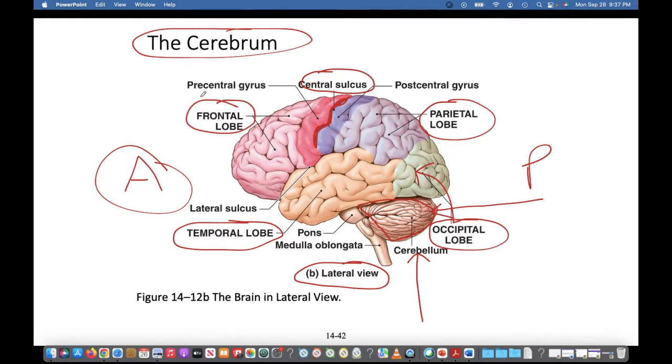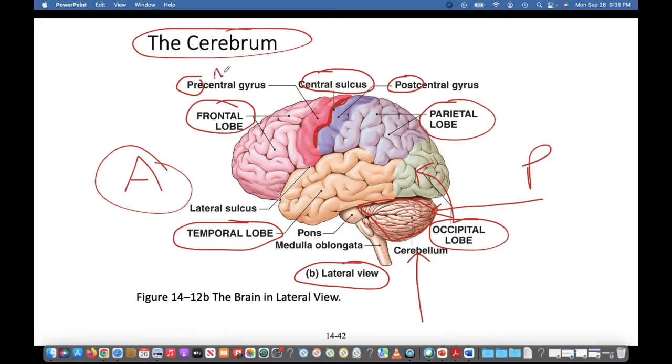The one in the front is called the precentral gyrus, and the one in the back is the post-central, right? Pre comes before and post is after. So pre is in the front, post is more posterior. Precentral because it's in front of the central sulcus, post-central because it's behind the central sulcus. From a functional standpoint, they're really important.